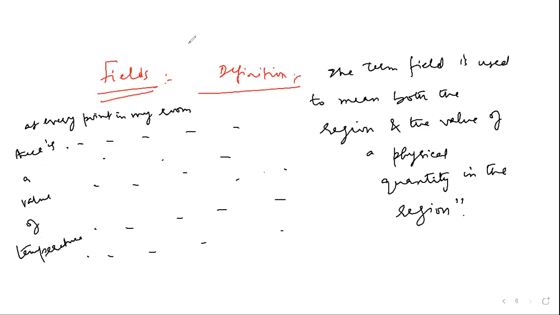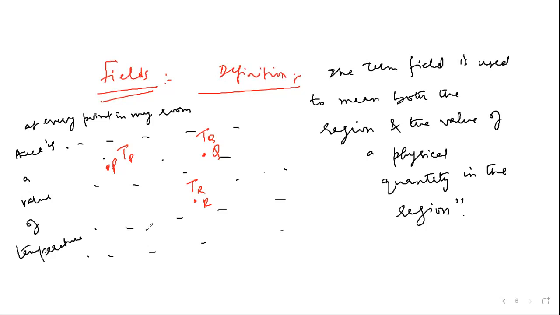For example, this point P will have some temperature, let that be Tp. This point Q will have its own temperature Tq. This point R will have its temperature Tr, and so on. So at every point in the room, there is a value of the temperature, right?